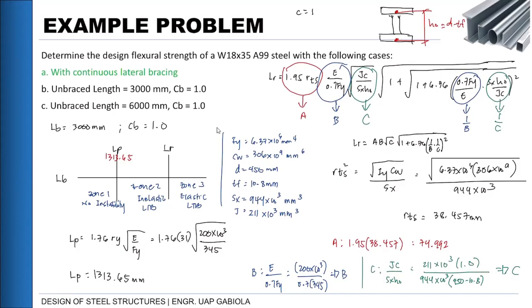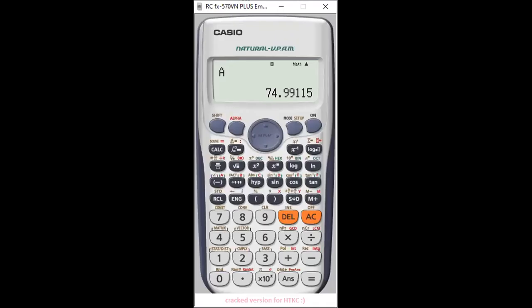Okay? So, pakita natin sa calcul. Okay? Meron na tayo ng letter A. Ngayon, si letter B. So, pakita natin 200 times 10 to the 3 all over yung 0.7 ng 345. Ayan. So, ito yung value ng B natin.